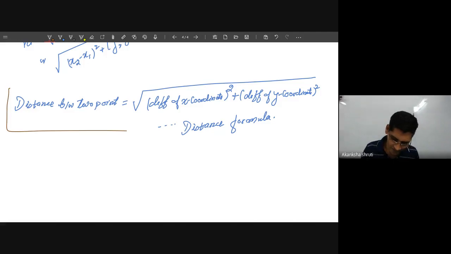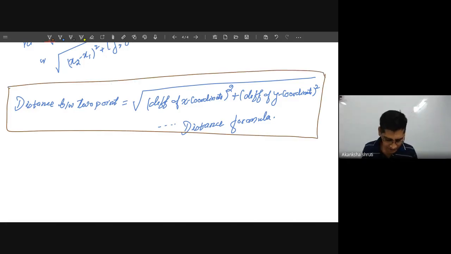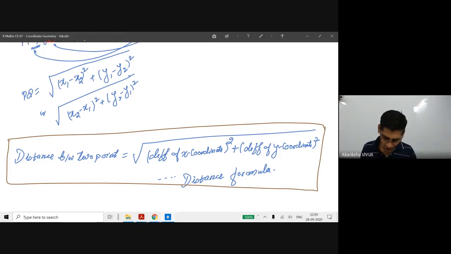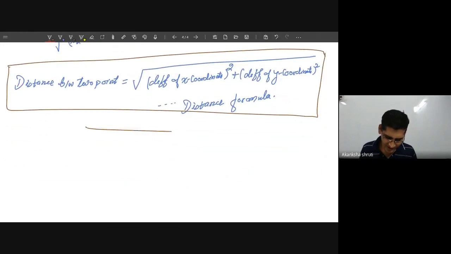So this we have to keep in mind. Whatever distance formula we have derived, it is very easy. Means if you are given 2 points, say P and Q, x1, y1, x2, y2, sign is important.